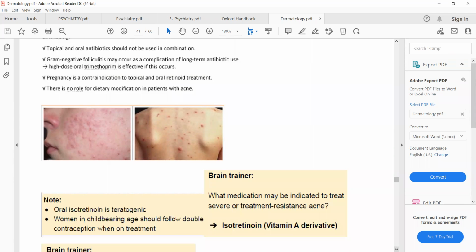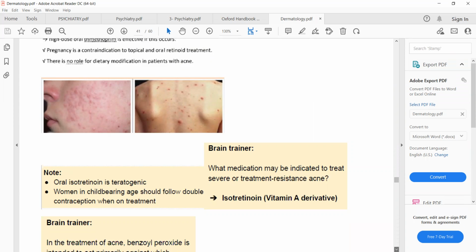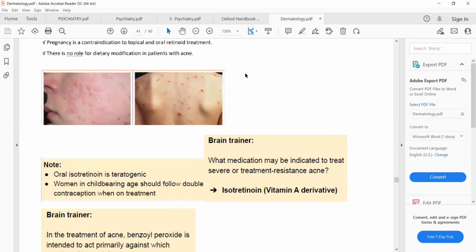What if the acne is resistant to the treatment, a treatment-resistant acne? Then the only option that we have is isotretinoin. Oral isotretinoin is used.